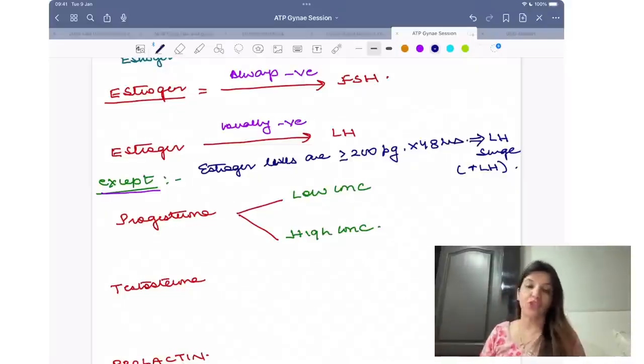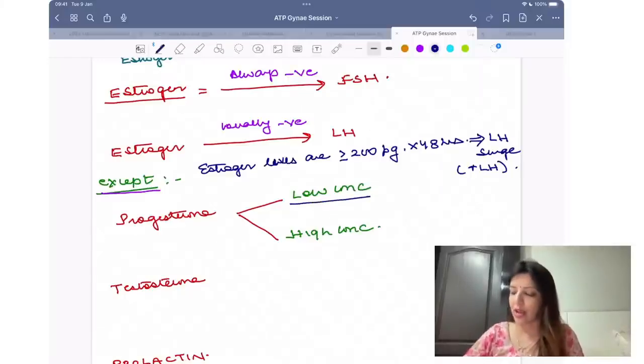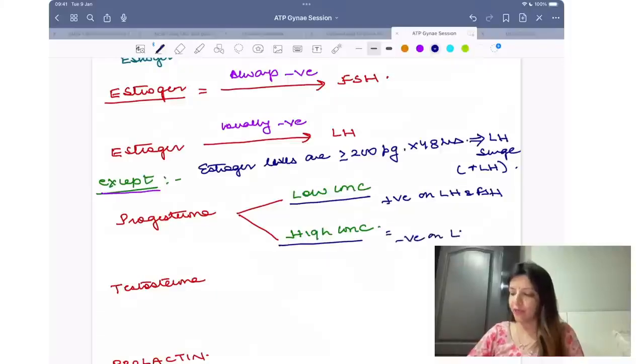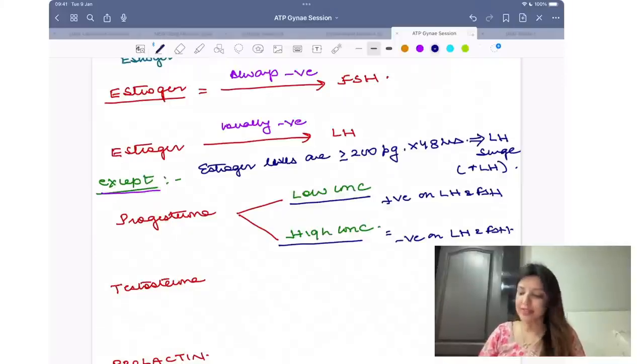Only in one condition estrogen has a positive feedback on LH, and that is when the values of estrogen are more than 200 picograms for 48 hours, right? As far as progesterone is concerned, progesterone in low concentration has a positive feedback on LH and FSH. In high concentrations, it has a negative feedback on LH and FSH, right?